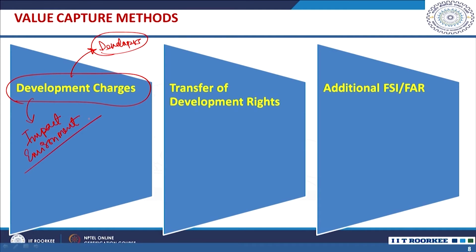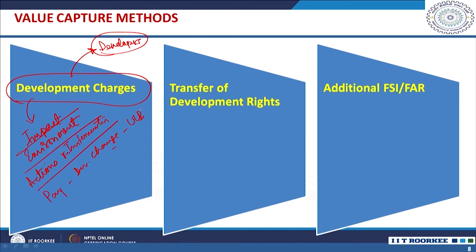As per the environmental laws, if the impact is reversible and can be taken care of by several interventions, then the private developer will be asked to take actions and interventions to take care of the impact of the development, and also they will pay a development charge to the urban local body.